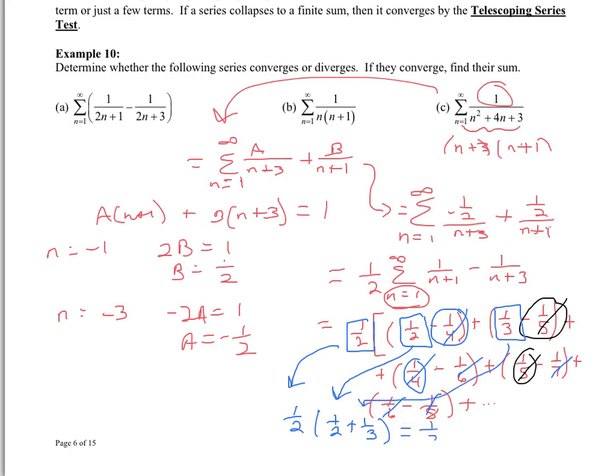So that's going to be 1/2 times, and 1/2 plus 1/3 ends up being 5/6. And so we would end up with 5/12. So we would say, again, that if S of n is that sum, then S of n converges to 5/12 by the telescoping series test.